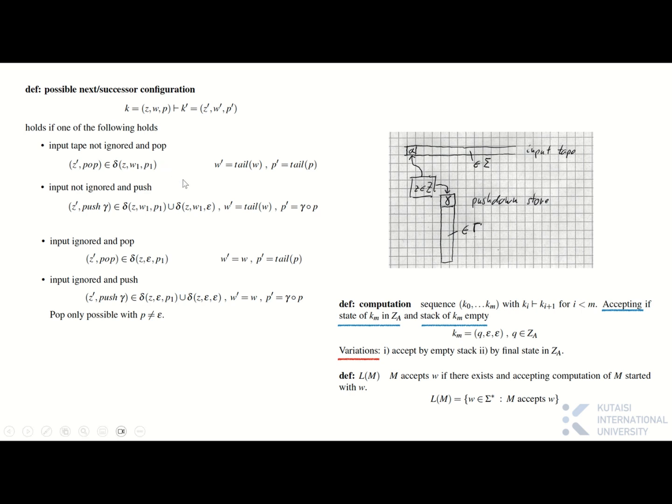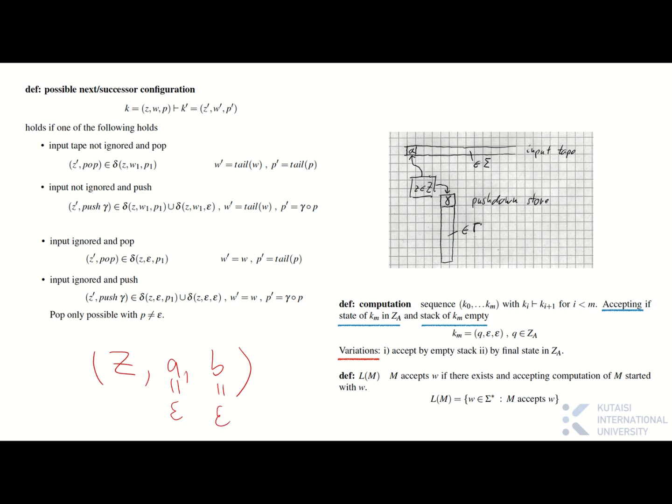And I will say that I accept, this is important, if in the end I finally reach some configuration here. So this A is a string, B is a string, and Z is my state. I will say that I accept if in the end my state is an accepting state, which I declared beforehand, this guy is empty, and this guy is empty.